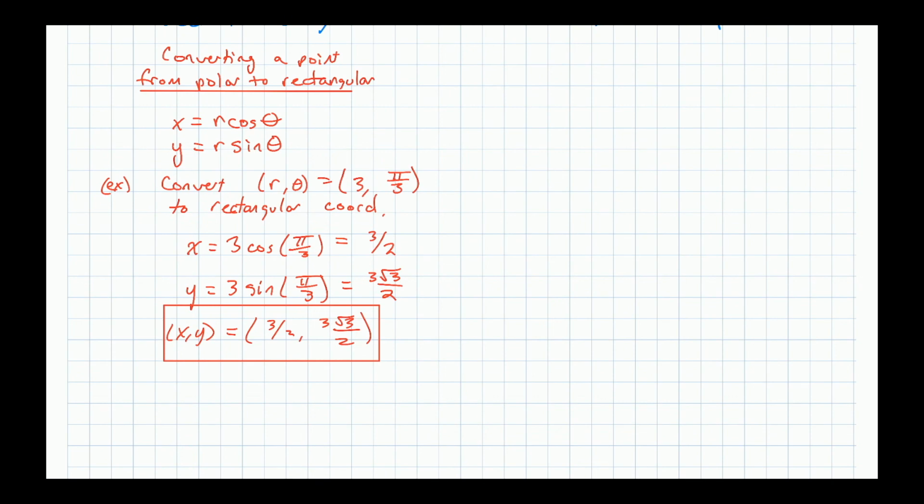And then you had kind of the same thing for converting a point from rectangular to polar, and that was harder.